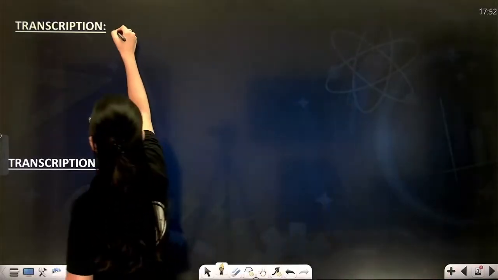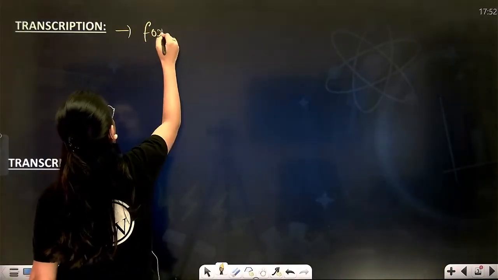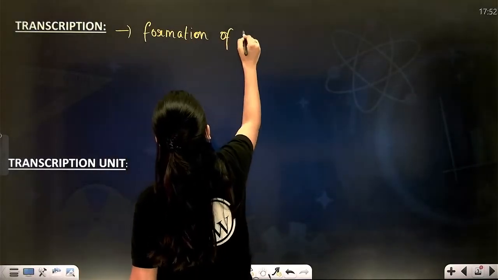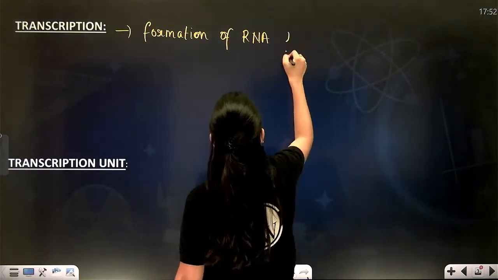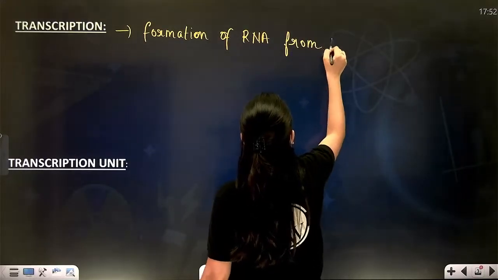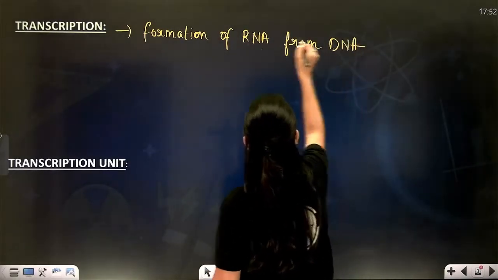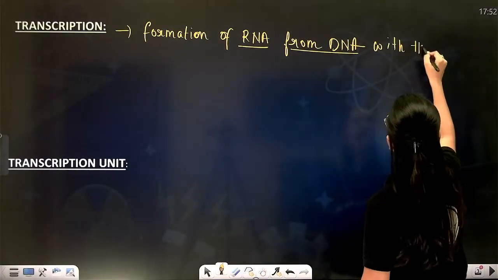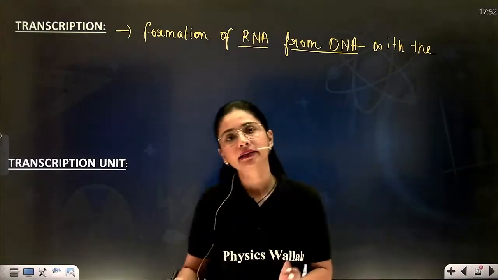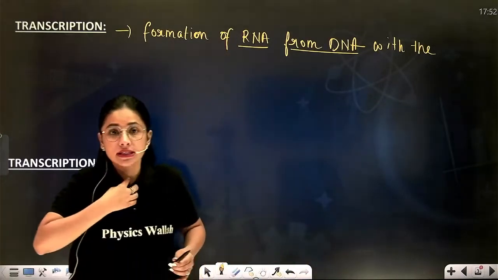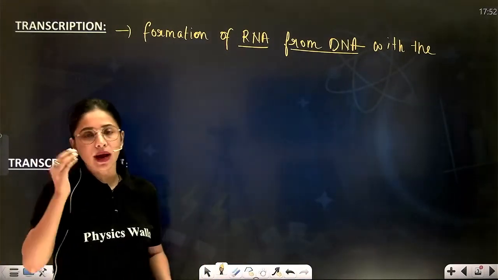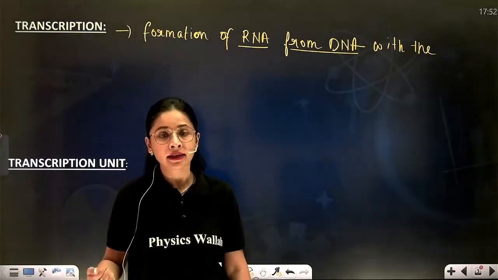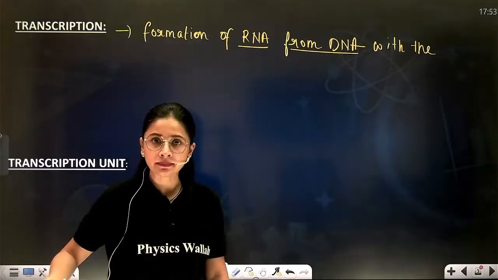Transcription means formation of RNA from DNA with the help of the enzyme DNA dependent RNA polymerase, because this time our DNA is going to act as a template, and with DNA acting as a template, RNA has to be synthesized, has to be polymerized.